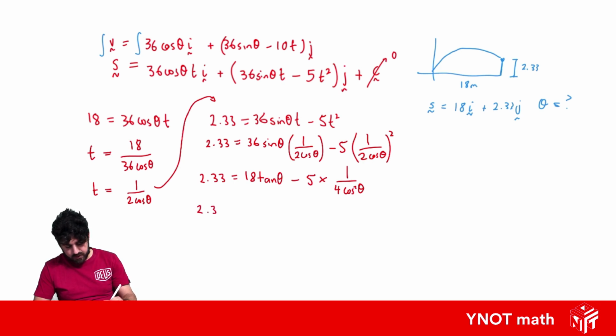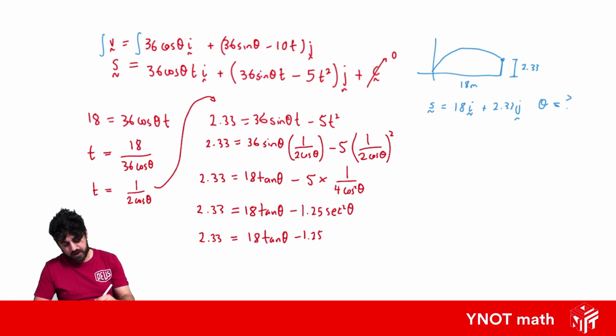So let's go ahead and just simplify that a little bit. So we're going to get 18 tan theta minus the 5 on 4 we can write as 1.25. And we're going to write 1 over cos squared as sec squared. Now we can go ahead and change sec squared in terms of tan squared. So we're going to get 2.33 equals 18 tan theta minus 1.25.